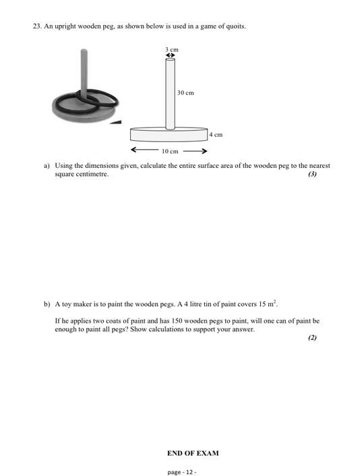Alright, the wooden peg, using the given dimensions, calculate the entire surface area. Okay, now we have the lower cylinder and then also the upper cylinder. Now, with the lower cylinder, we have the bottom, which is a full circle, the top, which is a circle with a hole out of it. But if you take this circle here and actually include it, you'll just have two full circles there.